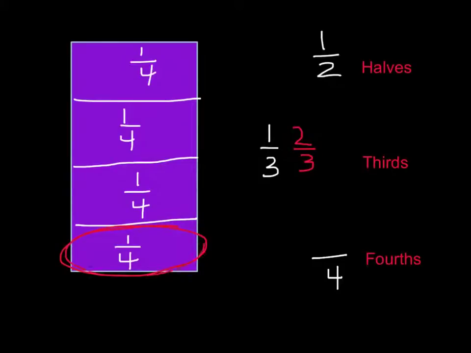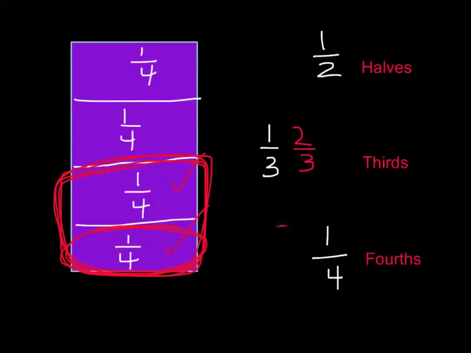If I'm talking about the bottom piece, that's 1/4 of the rectangle. However, if I talk to you about the bottom two pieces, if I'm talking about both of these now, I have two of them, right?